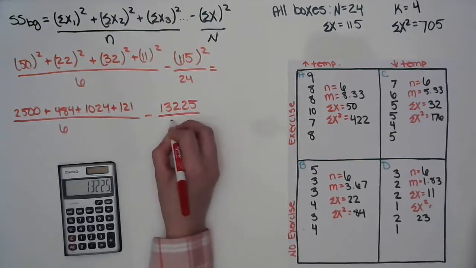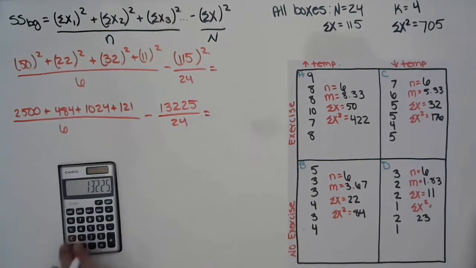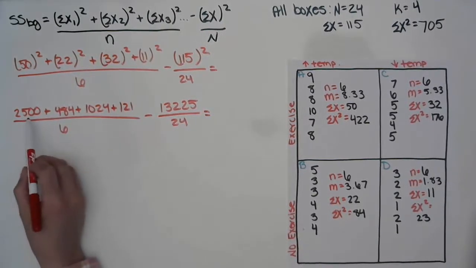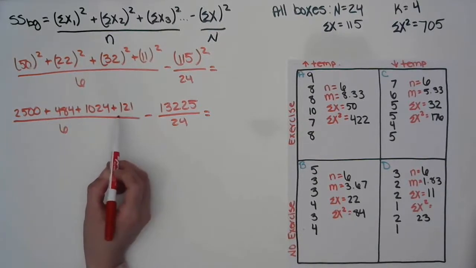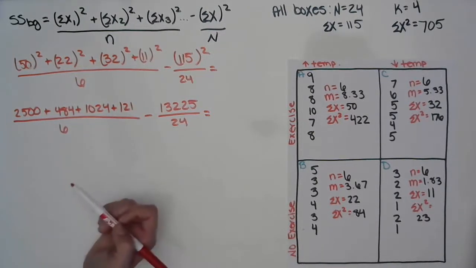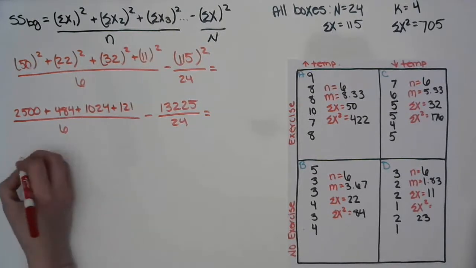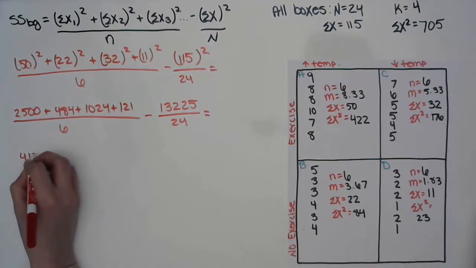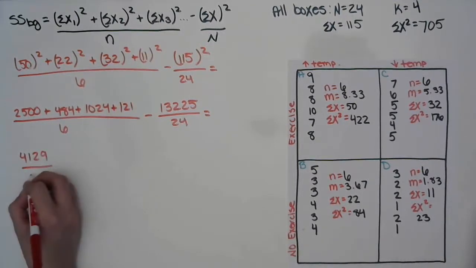Now we're going to add all of these up. When we add 2,500, 1,024, 484, and 121, that gives us 4,129 over 6.